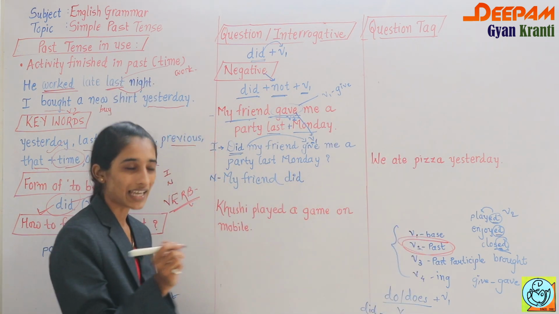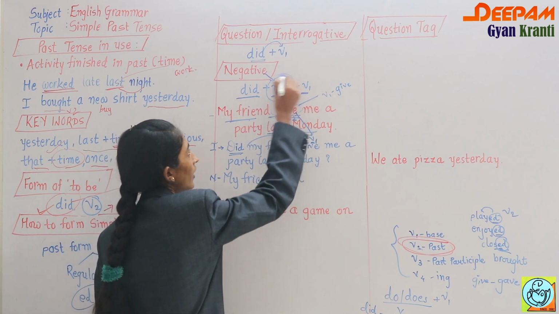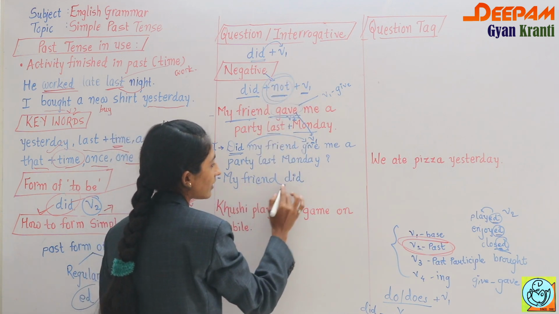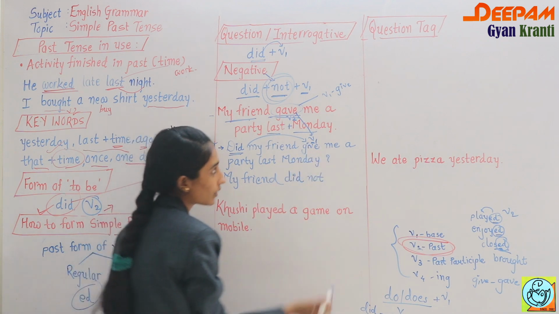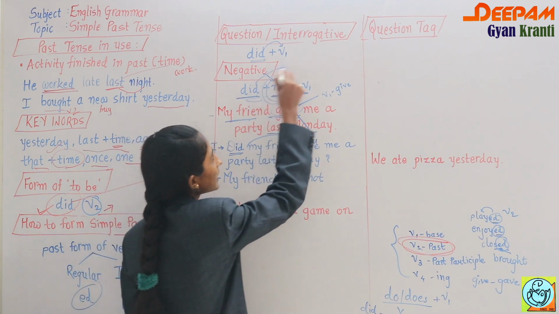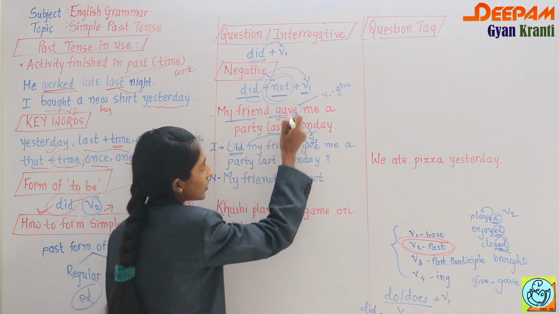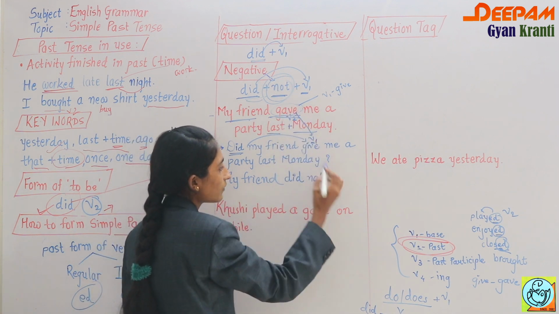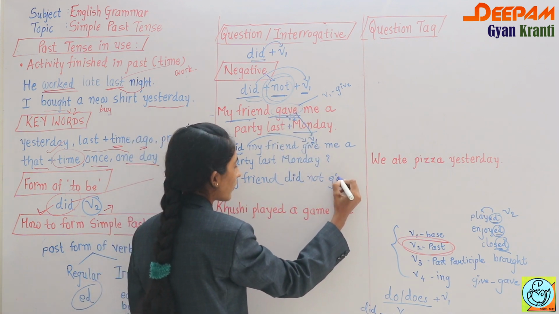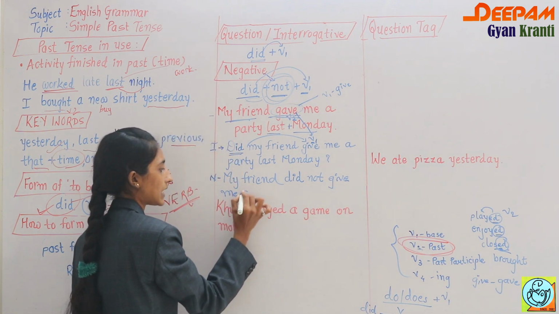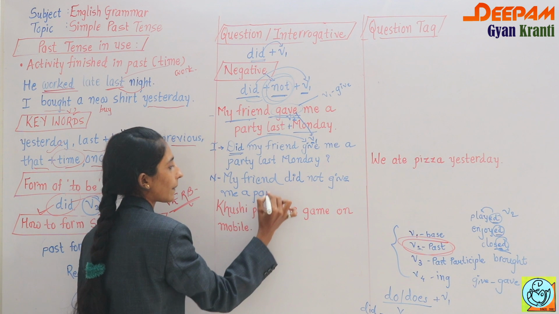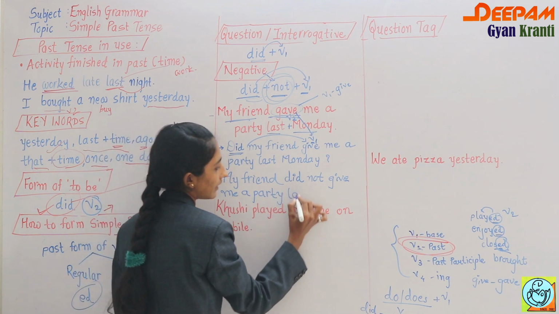Now I want to make it negative, so what do I have to add? Not. So: my friend did not. Now I already informed you that with did we compulsorily have to use V1. Here it is gave, so V1 is give. So: my friend did not give me a party last Monday.